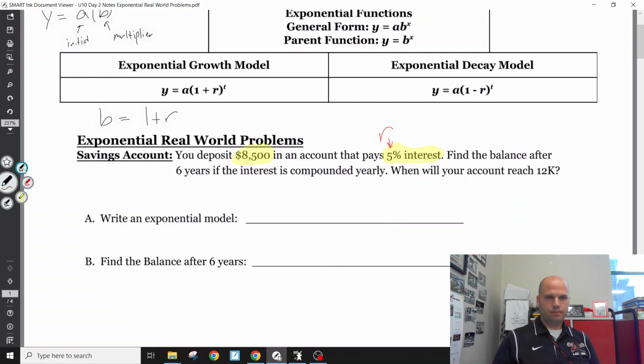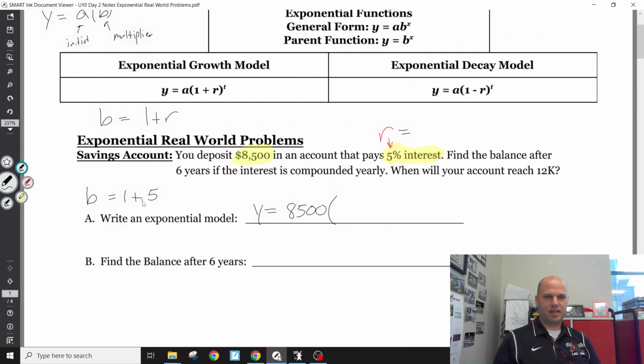Now, we're getting paid interest, so we're growing our money. So it's a growth. So to write our exponential function, our model, we're going to have 8,500, and then the multiplier will be 1 plus our growth rate. Now, our growth rate is 5%. We're not going to say it's 1 plus 5, and that would be multiplying this 8,500 by 6 every time.